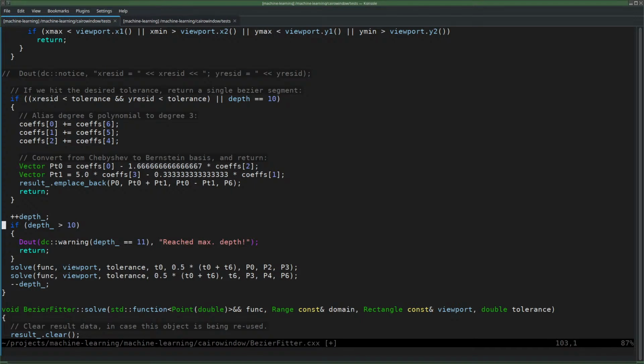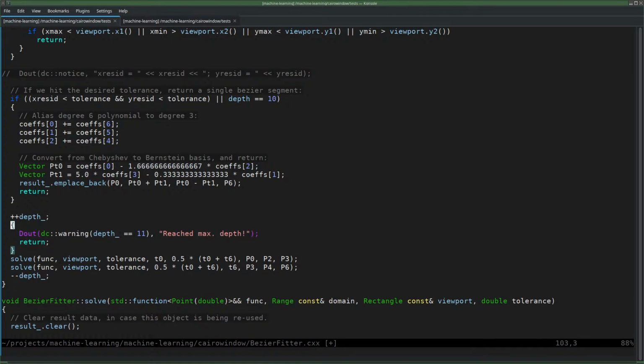Well, actually you never get here anymore for depth larger than 10. This whole line now can be removed.